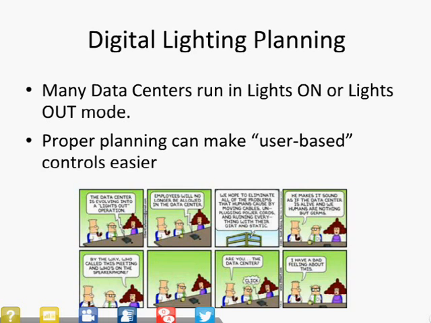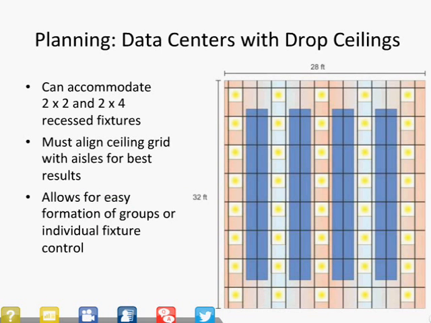The majority of spaces make use of drop ceilings. While this is a good way to do it if you're starting from scratch, if you have an existing ceiling, your rows may not perfectly align with your lights. Now, for this example, we're going to assume that this is a new installation and that you can center your lights on your rows. As you know, TIA 942 suggests the use of alternating hot and cold aisles, right? In this illustration, you'll see that the blue aisles are cold and the red aisles are hot.